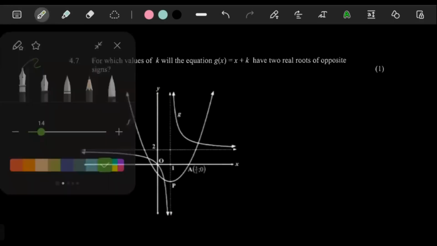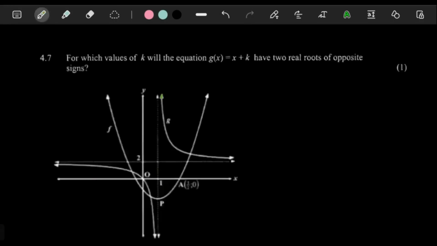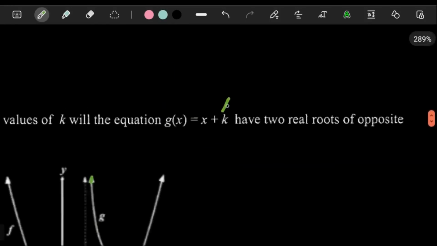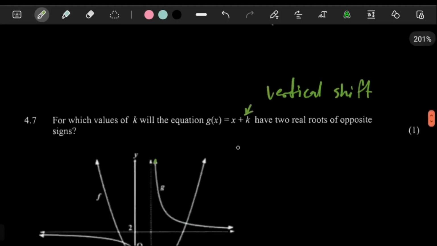So g is our hyperbola. k is something that moves the graph up or down. It's a vertical shift. Since we know that k is a vertical shift, they're asking how many units up or down you need to move your graph for it to have 2 roots that are of opposite signs.